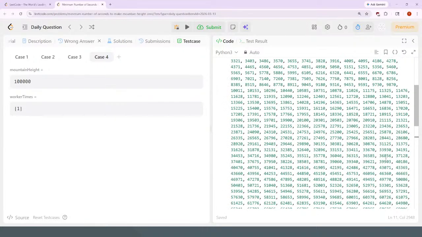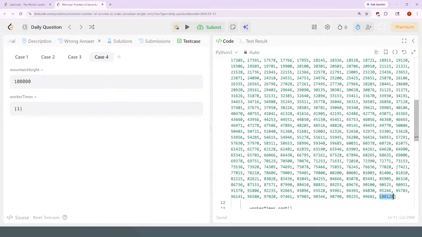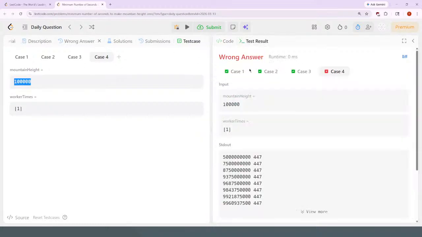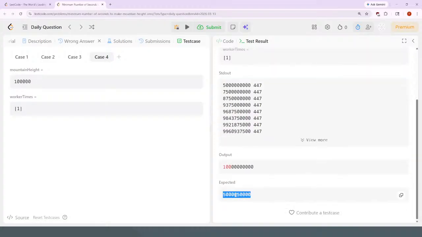I stopped at a certain index for this array, but if the mountain height is this, then it needs to actually go all the way to 5 million, or however much this value is.